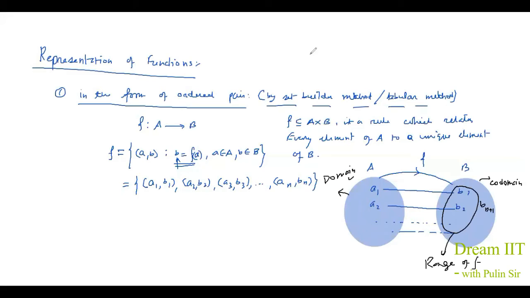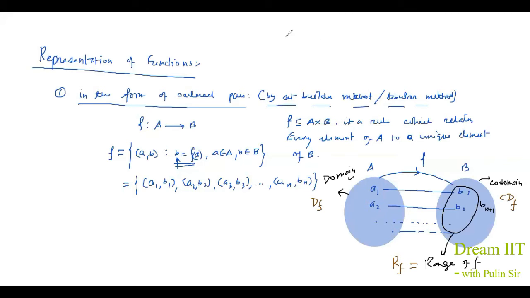For domain we can use the symbol D suffix f. It's not a very standard symbol, but people will understand. For codomain we can write CD suffix f, and for range we can write R suffix f, for representation of these three quantities, right?